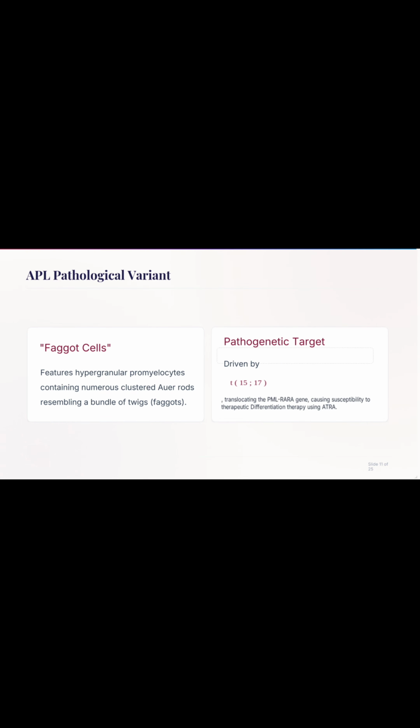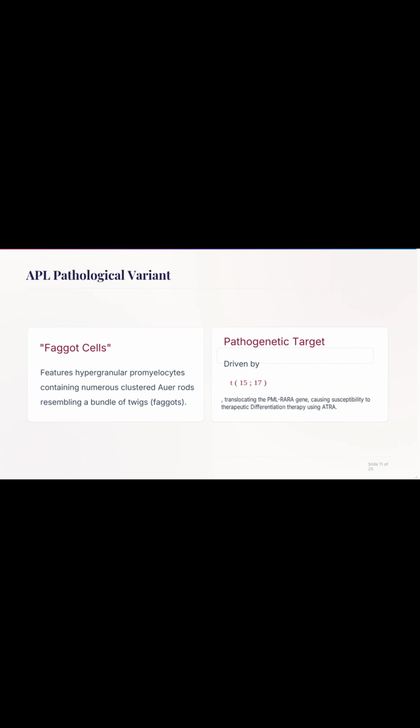APL pathological variant: faggot cells. The features are hypergranular promyelocytes containing numerous clustered Auer rods resembling a bundle of twigs, that is called faggots.